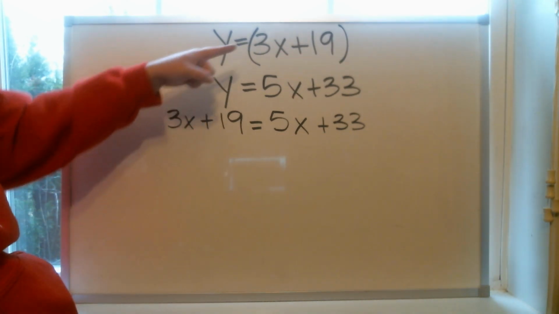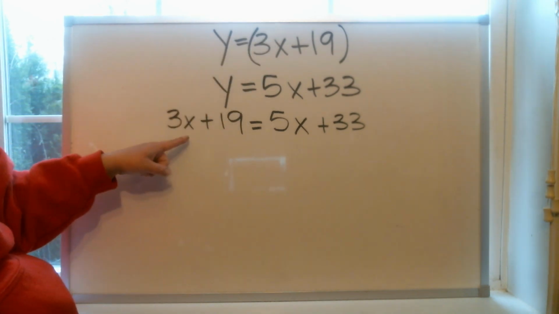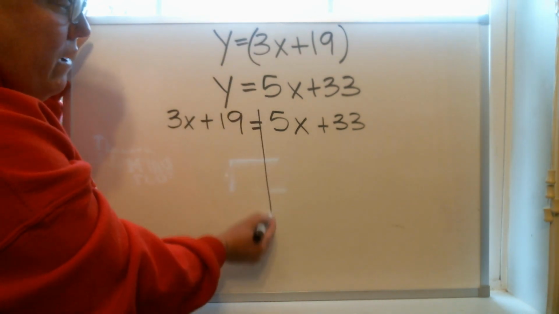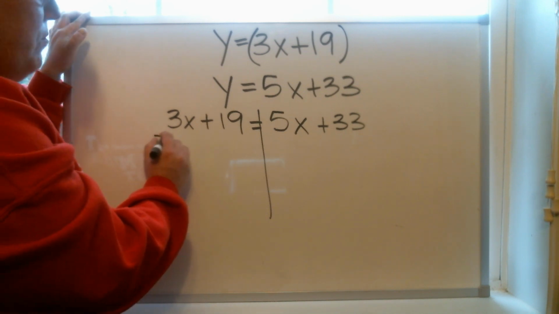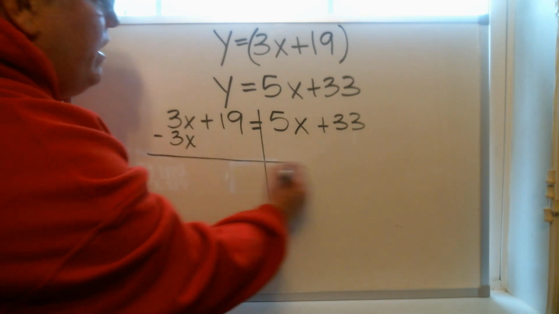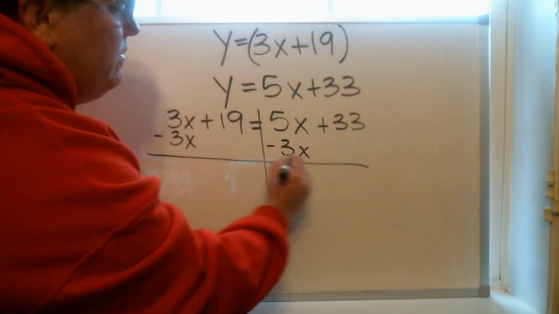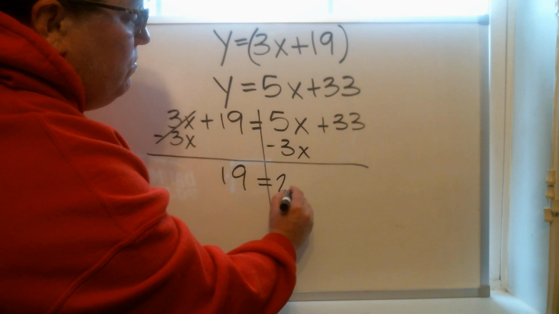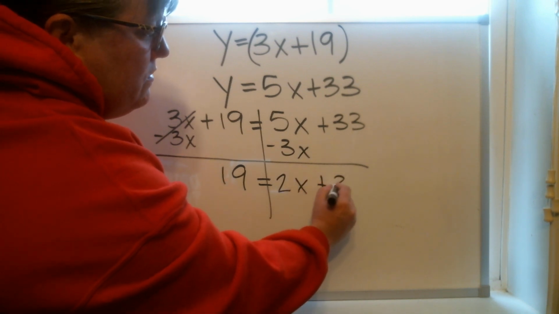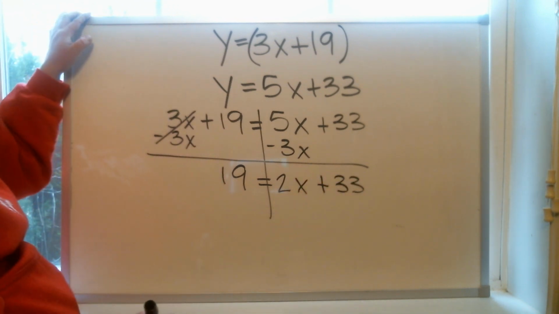Now that I've substituted 3x plus 19 in place of y, I'm just going to use my algebra to solve this. I want to remove this 3x from over here by subtracting it and move it over here. So I've got 19 equals 2x plus 33.